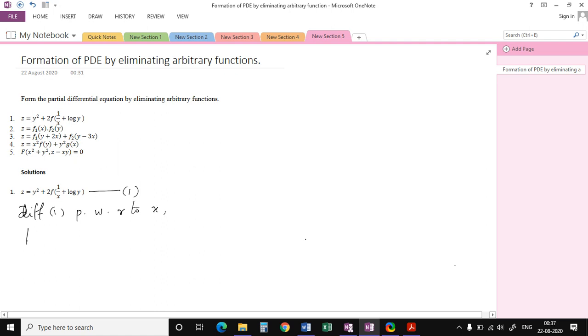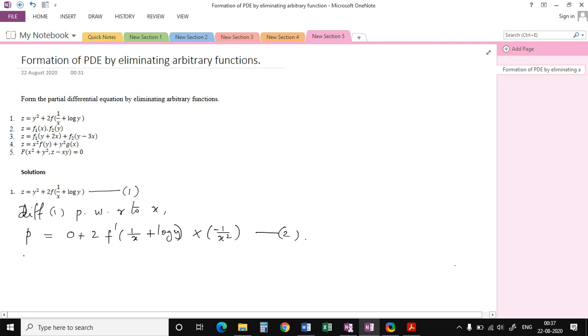So we will write it as a small letter p, that is equal to, now derivative of y square is 0 with respect to x, 0 plus 2 into derivative of f is f dash, 2f dash of 1 by x plus log y. Now derivative of 1 by x plus log y with respect to x. So we will get minus 1 by x square, derivative of log y with respect to x is 0. So I will take this as second equation.